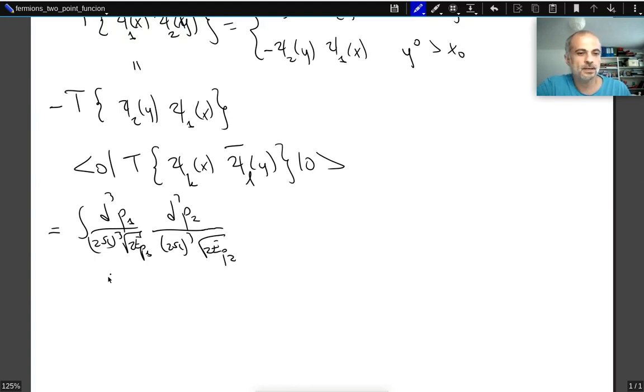Now, if x0 is later than y0, we have the matrix element of first the psi and then the psi bar.